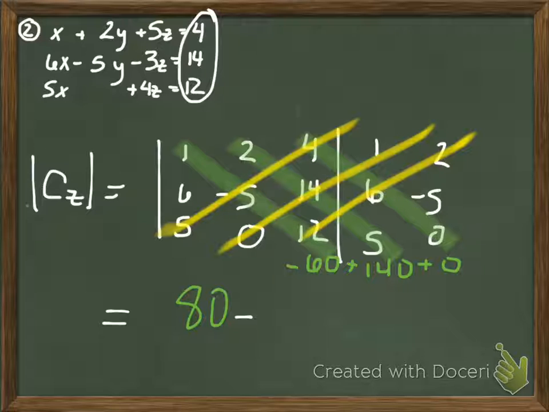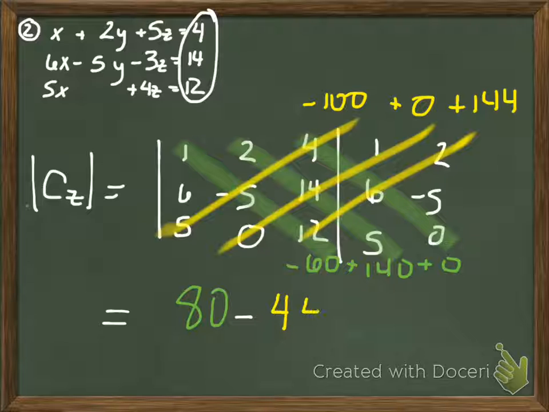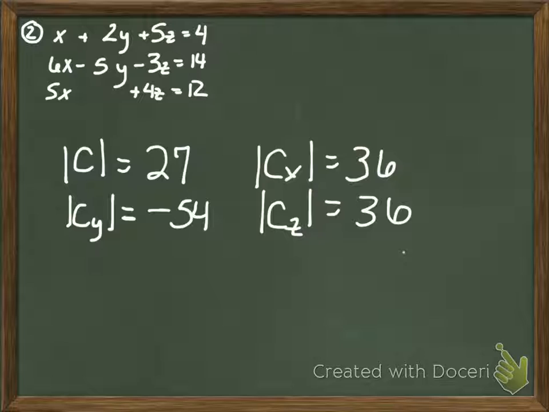Our first up is negative 100. Next up is 0, and last up is 144, giving us 44. 80 minus 44 is 36. That's CZ.